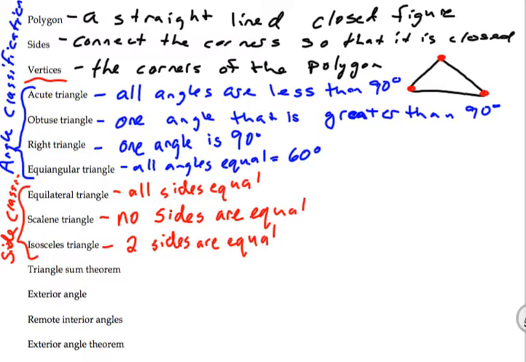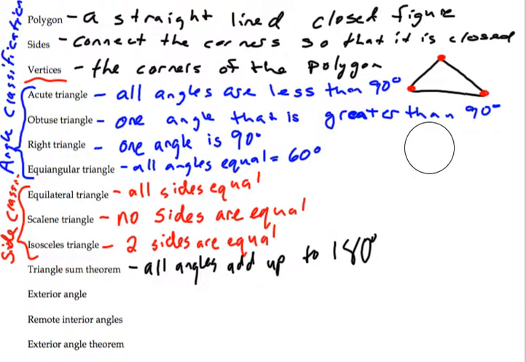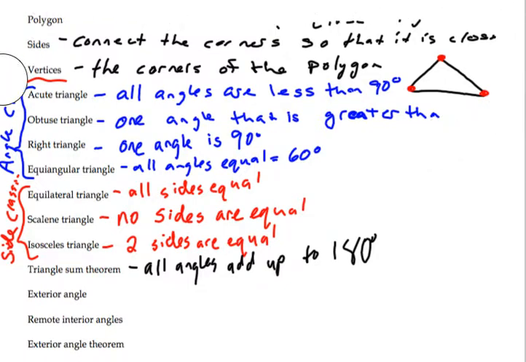Triangle sum theorem is that all angles add up to 180 degrees. Exterior angles: let's erase this and move it on up.